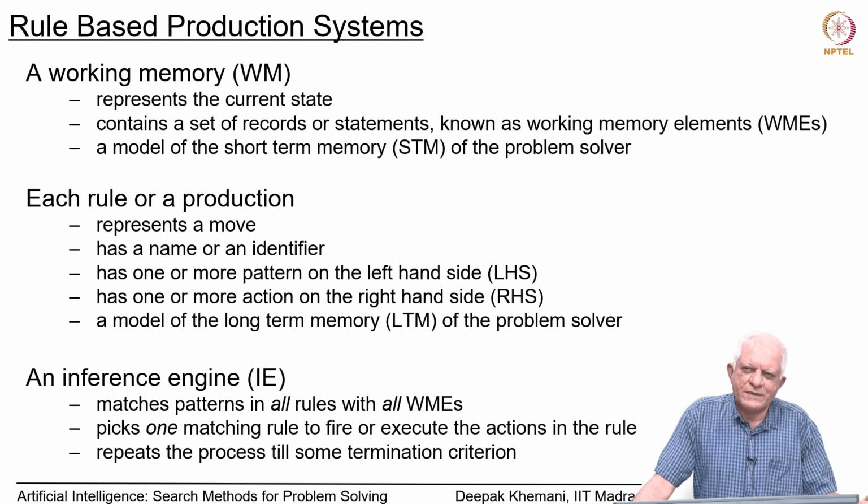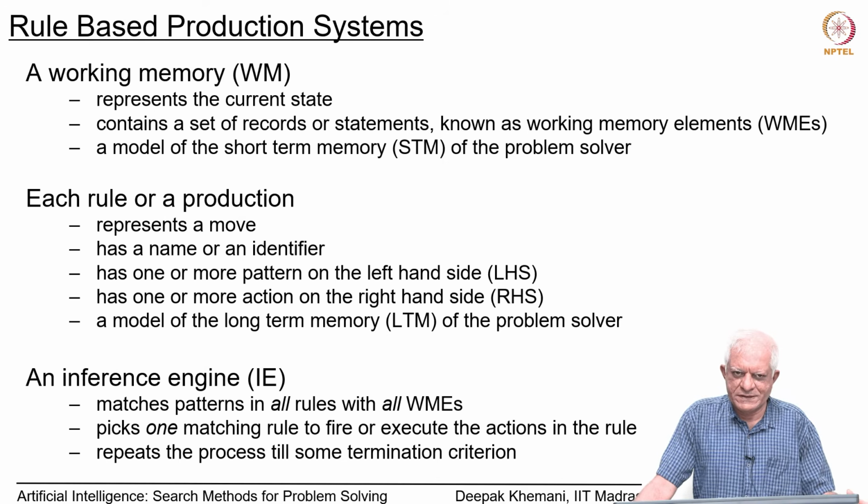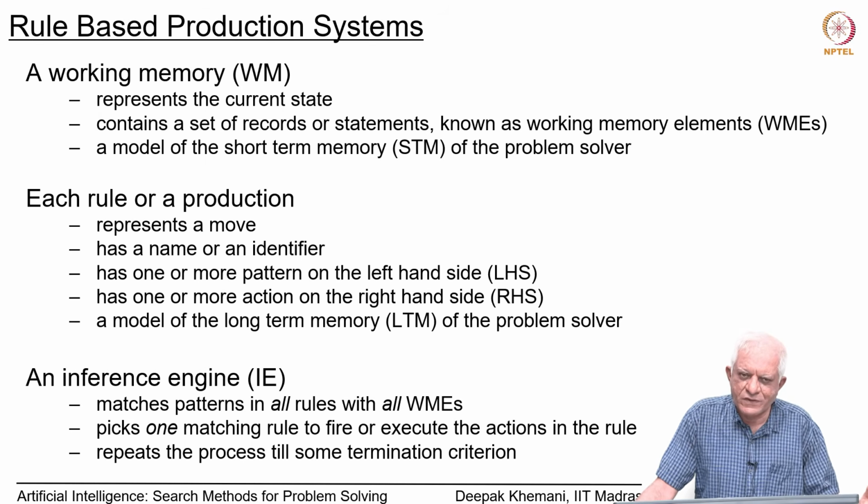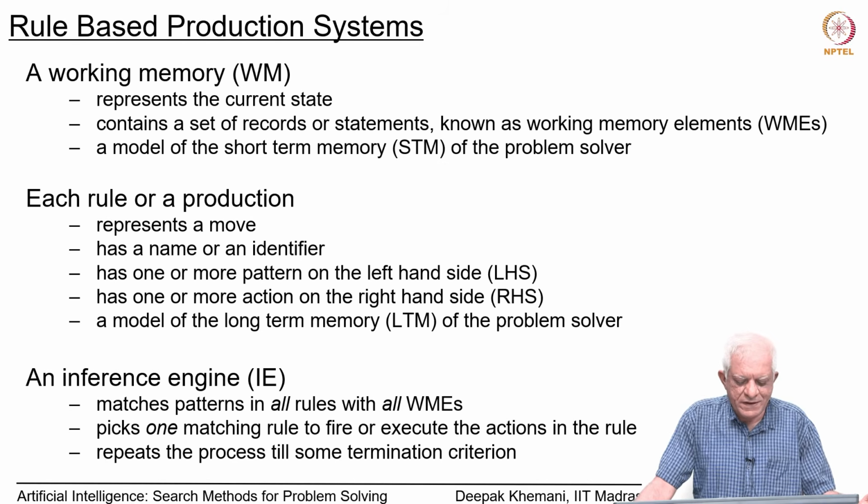The third component, as I said, is called an inference engine. An inference engine matches, to begin with, all the rules with all the working memory elements. You do not want to miss out on any possible action. So, in some sense our system should be complete: if there is an action which is applicable, it should be within the sight of the rule based system.